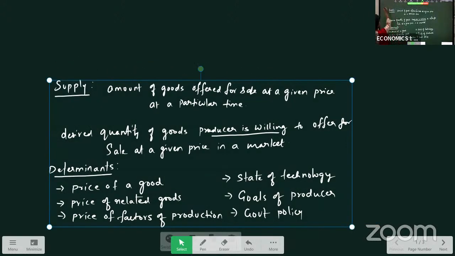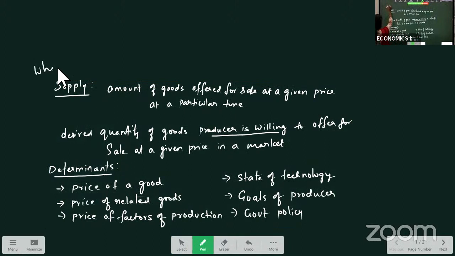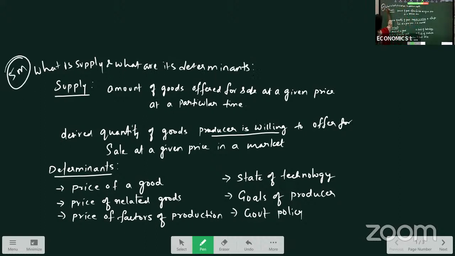So your question here is, what is supply and what are its determinants? So this is one question for your 5 marks, right? So you will write what is supply and what are the determinants of supply.